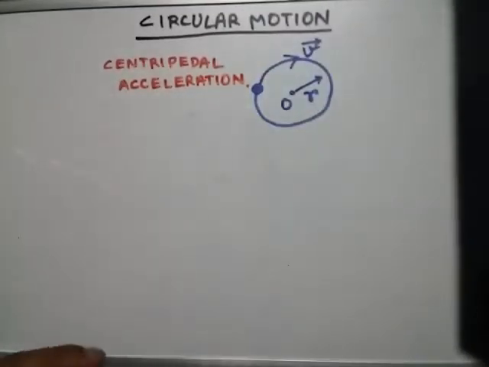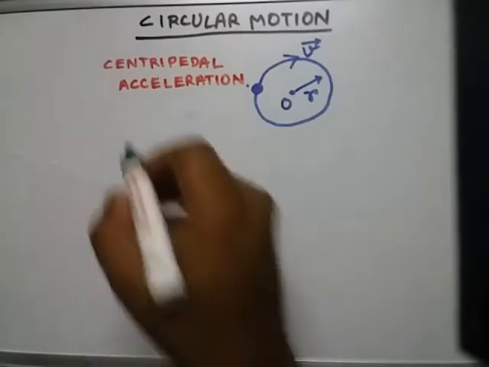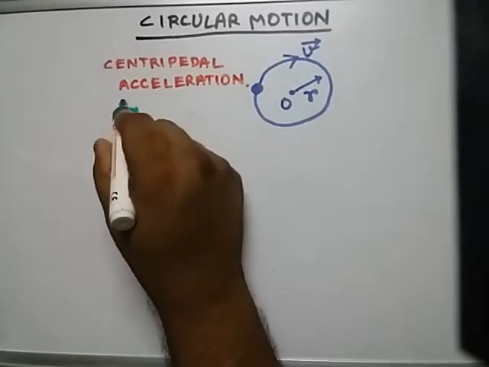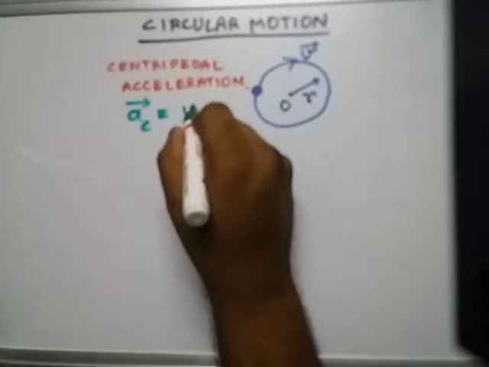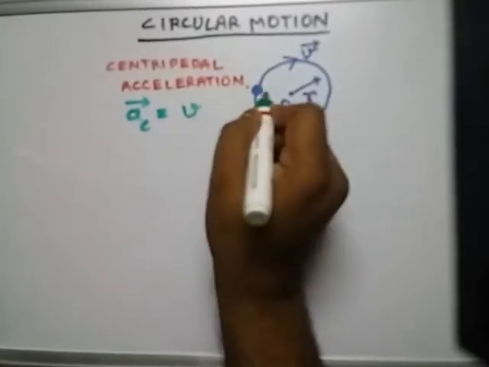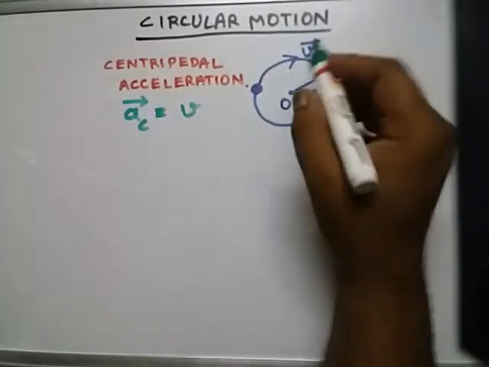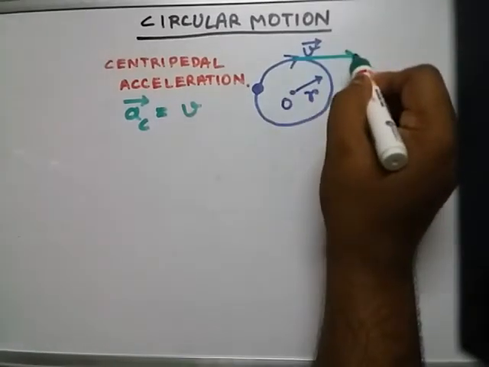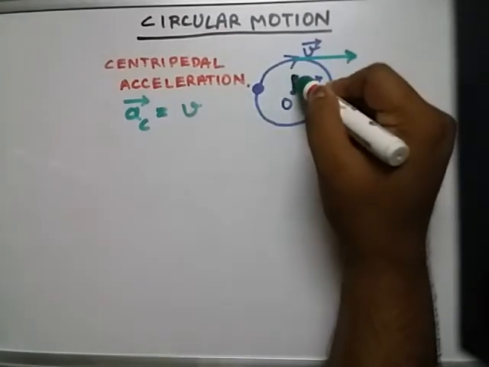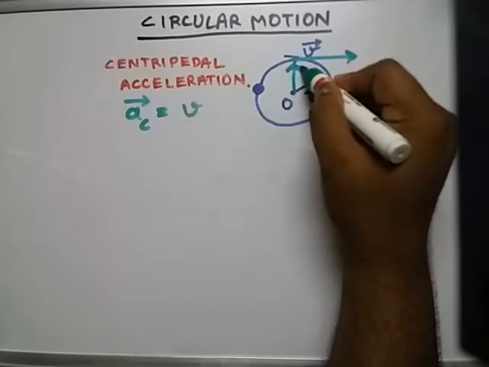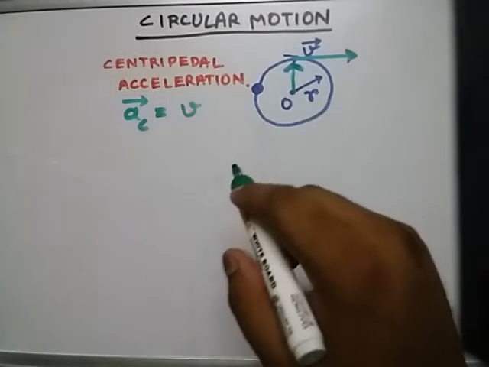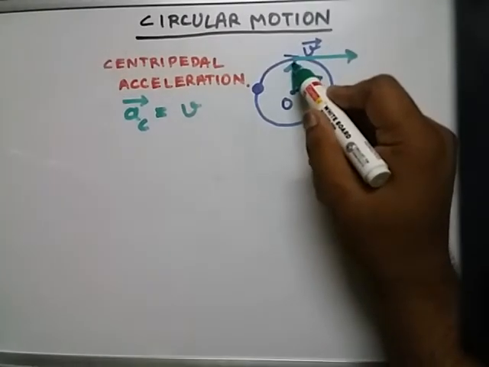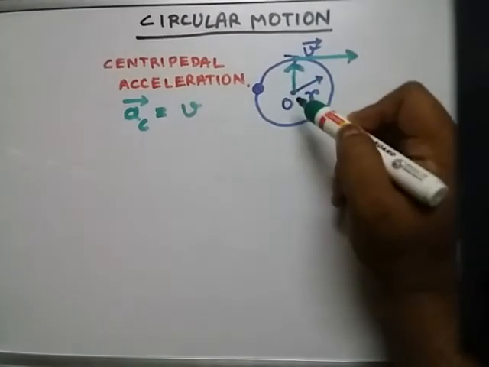And the expression for centripetal acceleration is a centripetal equals v square by r, and if this v is directed in this direction and r is directed in this direction, then this centripetal acceleration is directed in the minus r direction, that is towards the center.